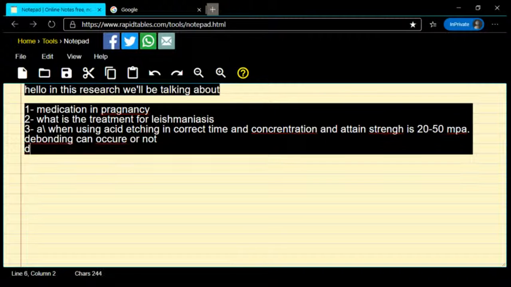And there is B, talking about this mirror layer is removed by acid etching technique.